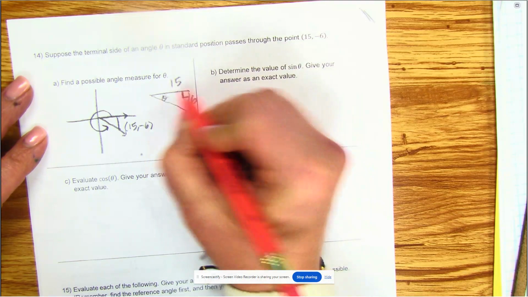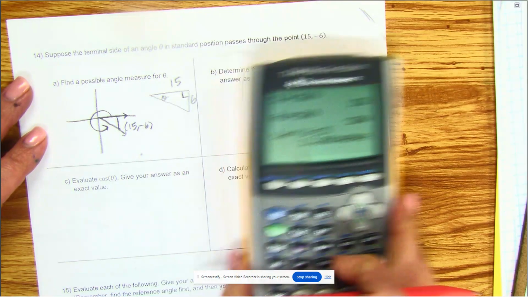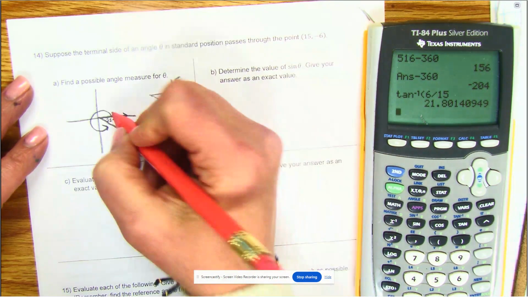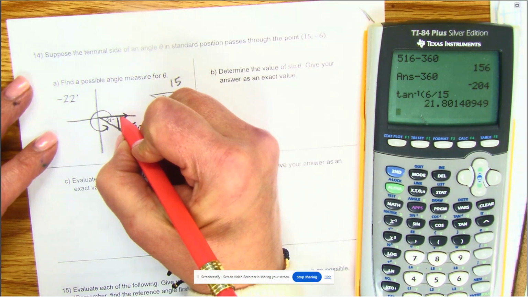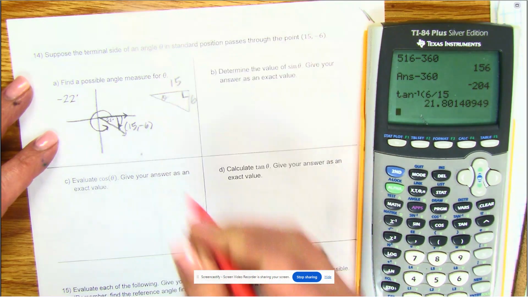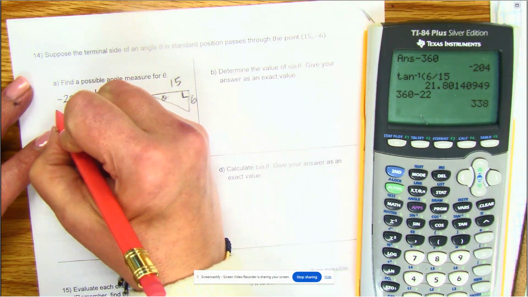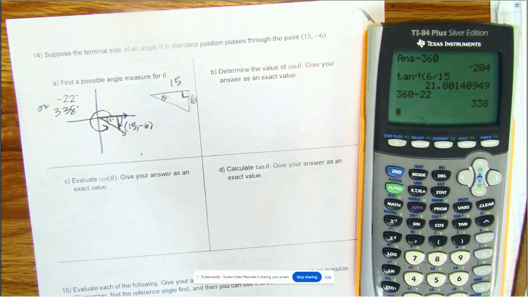I'm ignoring the negative right now. So that's tangent to figure out that angle, opposite divided by adjacent. So it's about a 22-degree angle. 22 is not the answer. You could say negative 22. That would be going this way. Or you could do 360 minus 22 and get 338. And of course, an infinite number more.